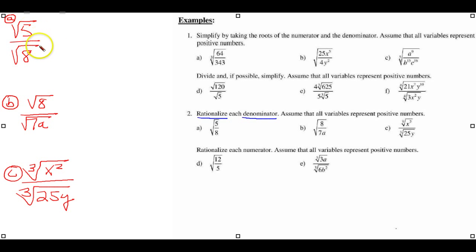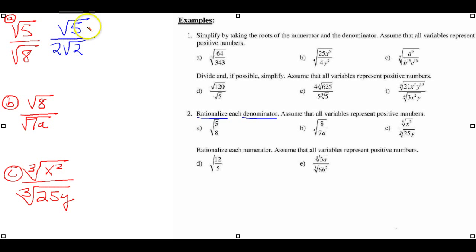And we want to simplify. So let's take a look at it. Now the top is the square root of 5. But the square root of 8 is actually 2 times the square root of 2. That is the square root of 4 times the square root of 2. So when we take out the square root of 4, we get this.